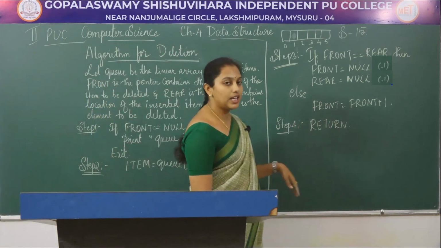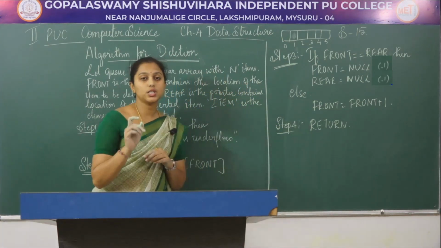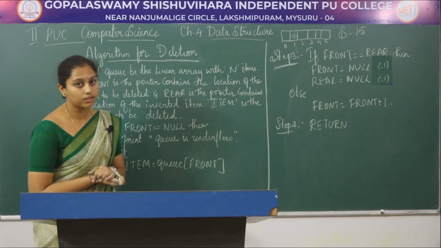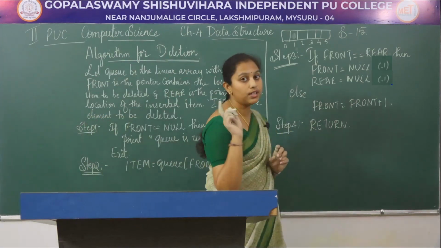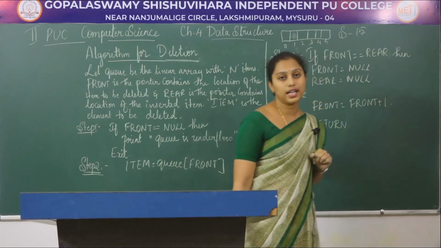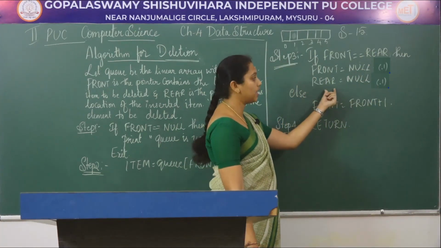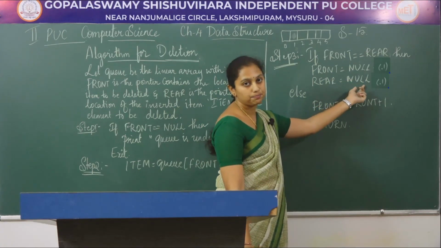So after deleting an item, we are checking for the condition whether the queue contains only one element or not. So if it contains only one element, then the pointer front is equal to rear. So both pointer front as well as rear becomes null.